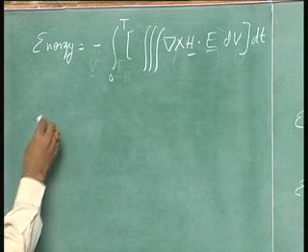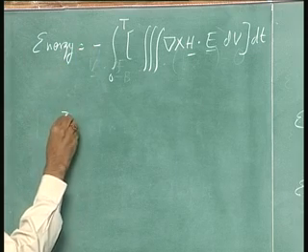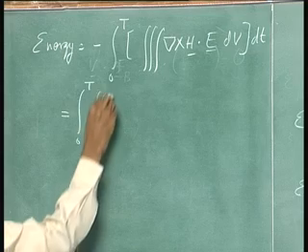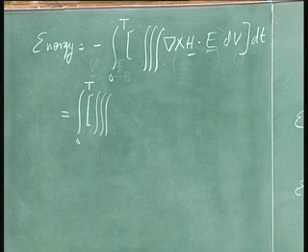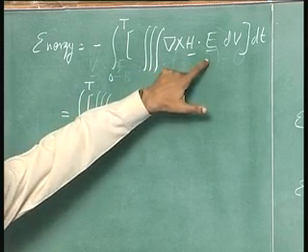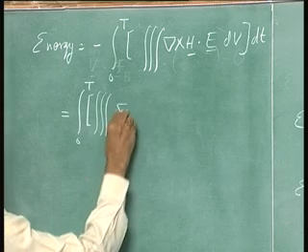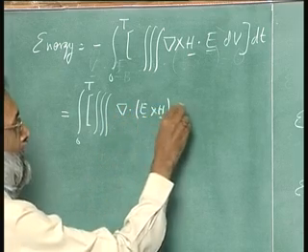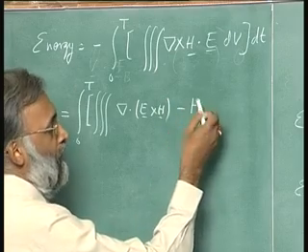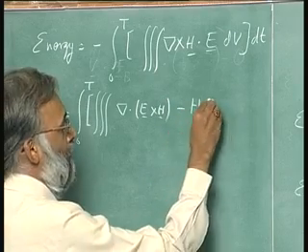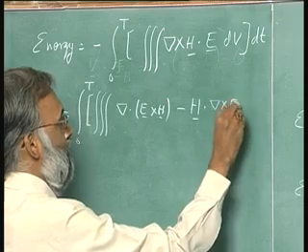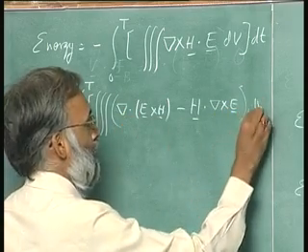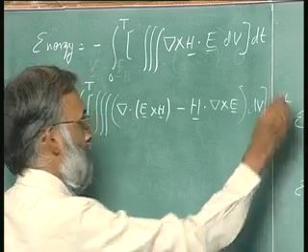So, let me put it in. I have a minus sign outside. So, it is integral 0 to t volume integral, this minus curl of H dot E becomes divergence of E cross H minus H dot curl of E, dV dt.